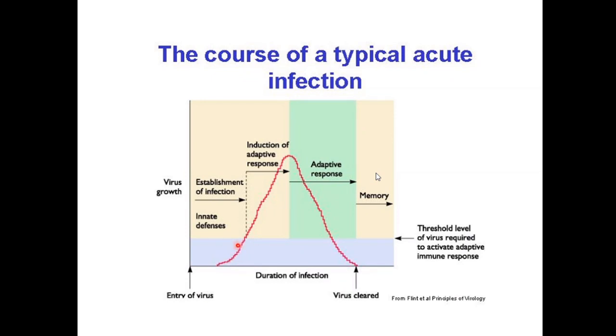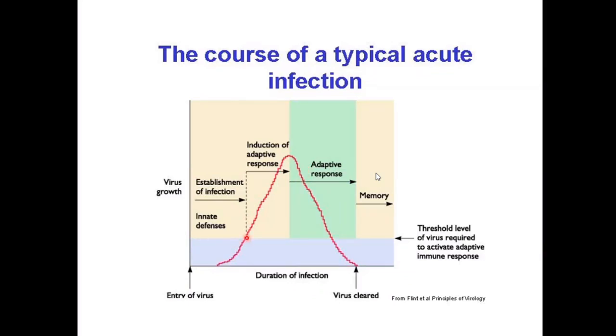By replicating, it will increase in number in such a way that at one level, it will get to a threshold level that activates adaptive immune response. And by activating the adaptive immune response, then the specific immune response comes into play.